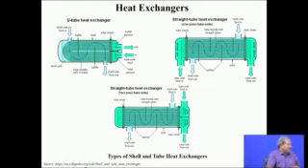So this is a U-tube heat exchanger, the one which you see on the left. The white ones that you see are the tubes. This is called a head, and this is the tube sheet where all these tubes are connected.